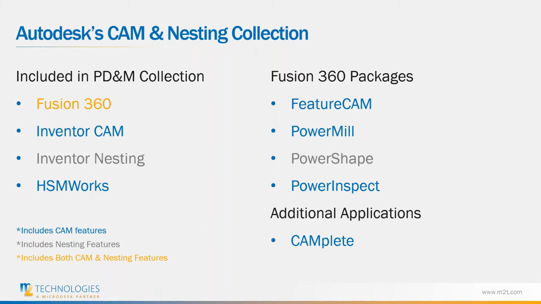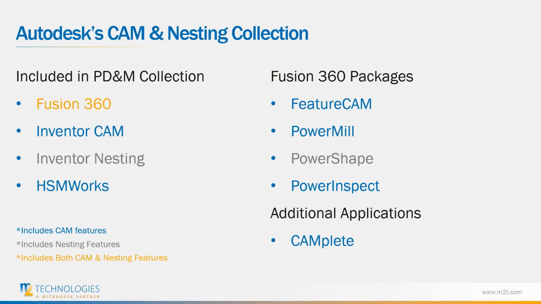Then Inventor CAM, which is CAM features built in for Inventor, and Inventor Nesting, which likewise is the nesting, which both of these interact directly with Inventor. And lastly in the collection is HSM Works, which works as a CAM tool for outside CAD programs, specifically SolidWorks.